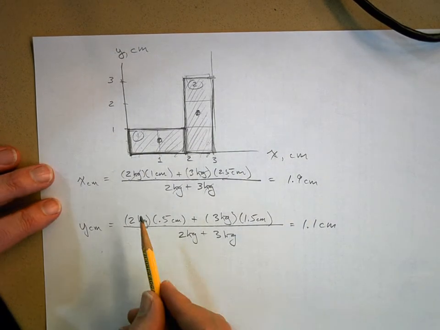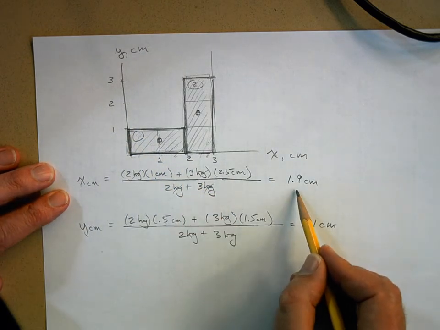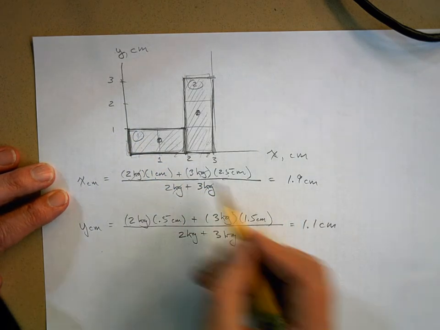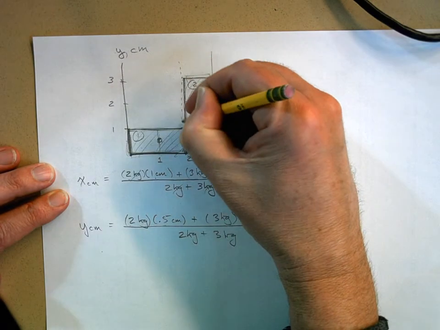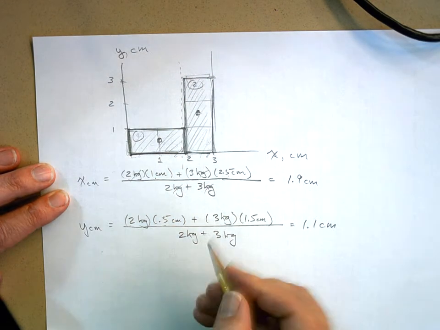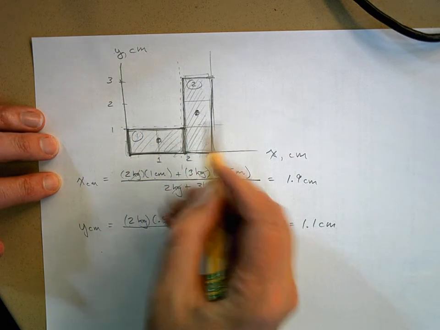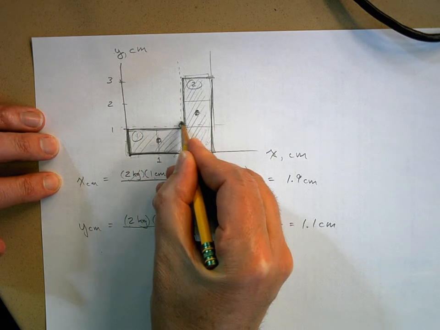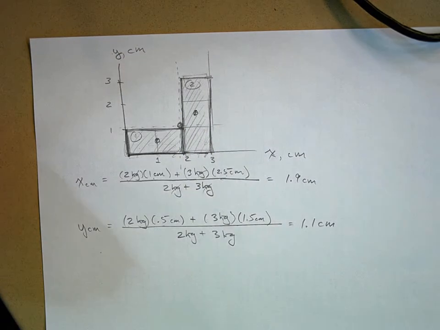The center of mass for the whole thing is in the x direction, it's at 1.9 centimeters, which is right here. And in the y direction, it's at 1.1. So the center of mass for the whole thing is right here. So it's a little bit off the part.